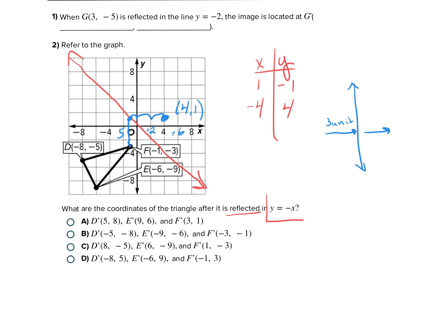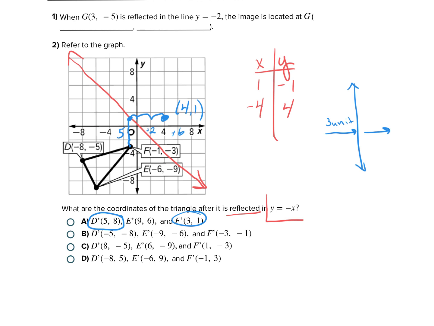So if you notice, I just determined that D prime was (5, 8), and that happens to be the only choice that has (5, 8) for D prime. So I only needed to reflect one coordinate. But as you can see, we also did F prime.